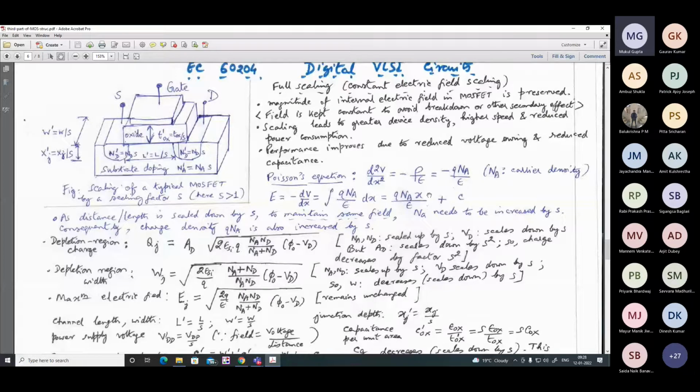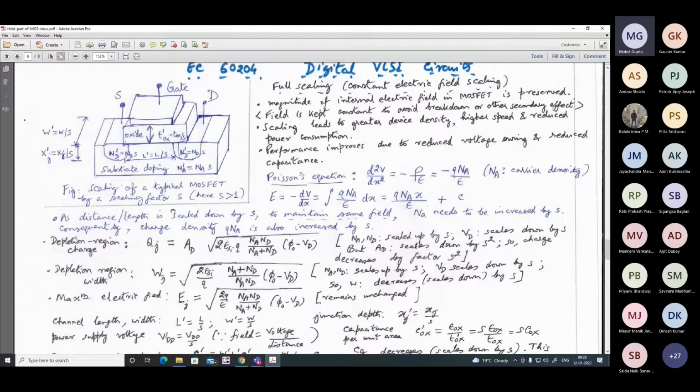With the advancement of fabrication technology and photolithography, x will become x by s after 2 years. So after 2 years, it is required that the doping concentration should be increased by a factor of s.